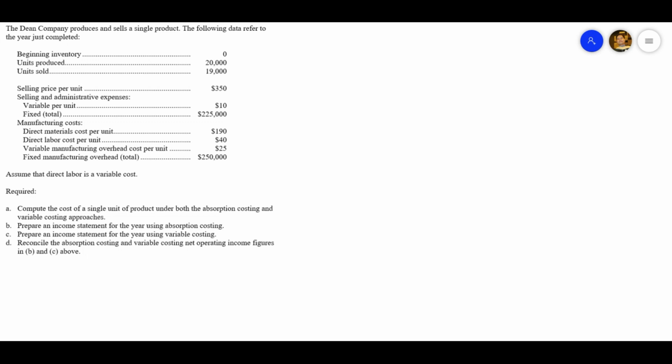So, guys, time's up. First, we need to solve letter A. For letter A, we are looking for the single unit product cost, or the unit cost of the product. First, we need to compute for the absorption costing.